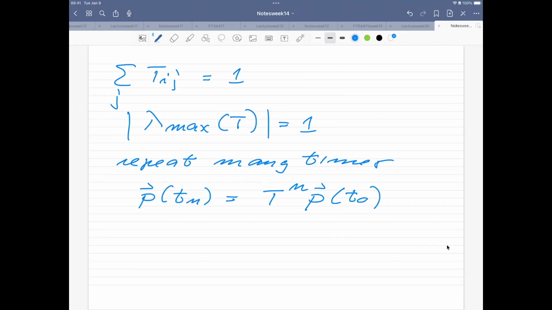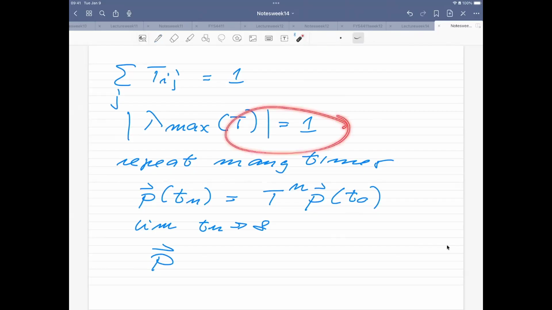And you know that when we take the limit where Tn goes to infinity, the probabilities become independent of time. So we have reached the most likely state. That most likely state is the state which corresponds to the eigenvectors of this matrix with eigenvalue 1.